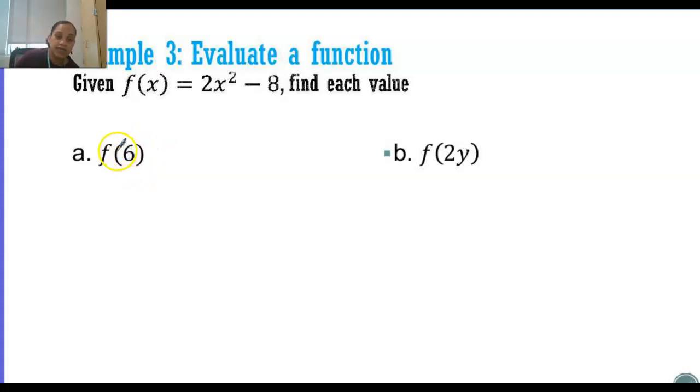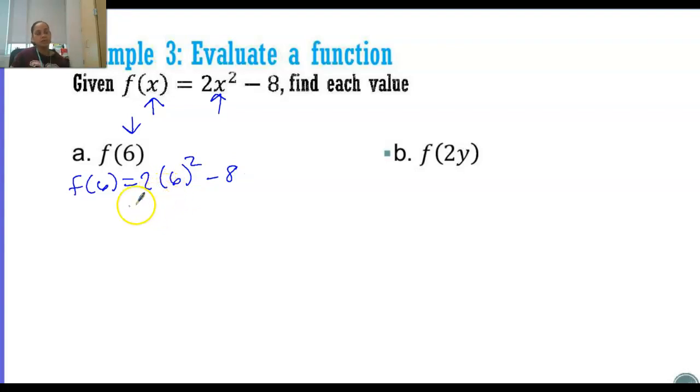All I would have to do is anywhere in this function, anywhere that I see an x, I would replace it with a 6. So that would be here and here. So f of 6 is equal to 2 times 6 squared minus 8. So remember, when you do this, we're just simplifying, so I would want to make sure to go in order, exponents first. 6 squared is 36. 2 times 36 is 72.